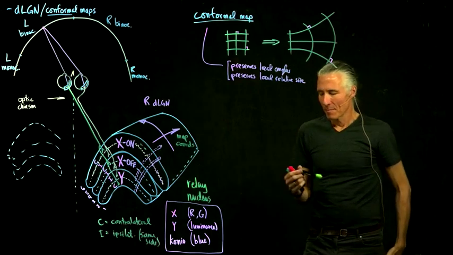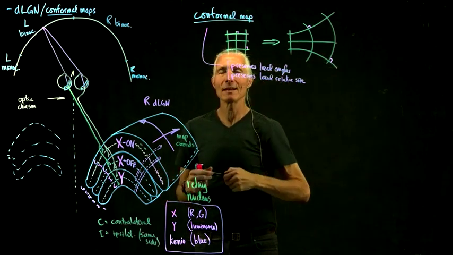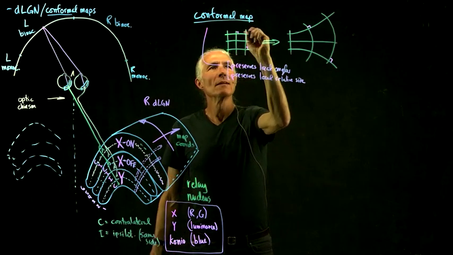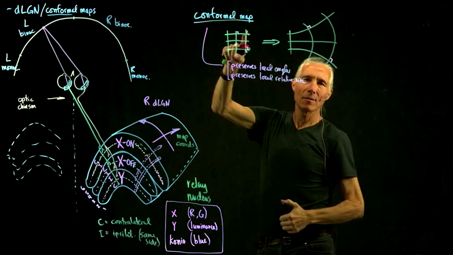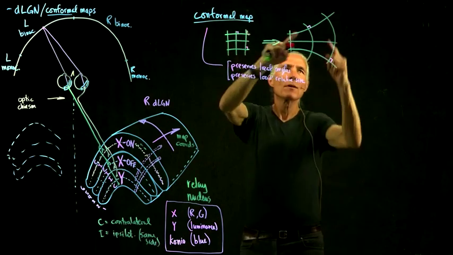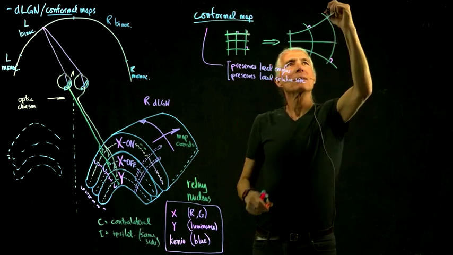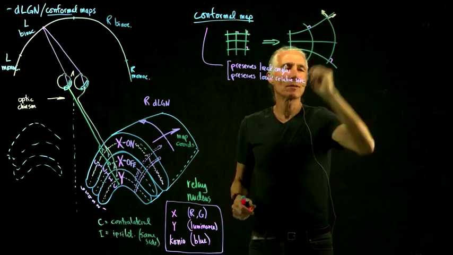But then the second, more subtle part is that you also preserve the relative size. What does that mean? If we go out here and look, you can see that map has a relatively small movement in the x and y direction. If we go out to this map copy, we have a larger movement in the x and y direction, but the relative size between them is the same.